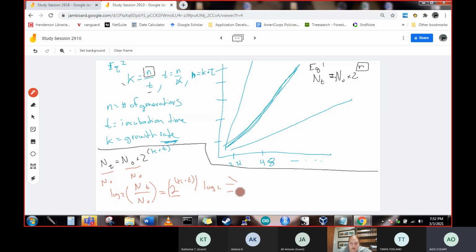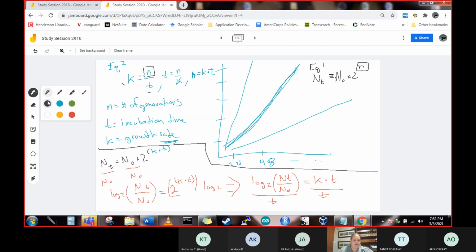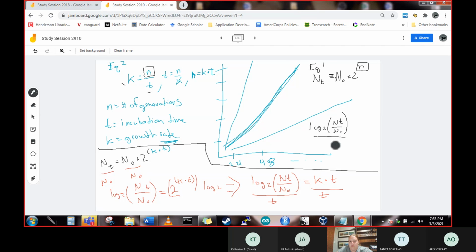So this would go to log base 2 of Nt over N0 is equal to k times t, because you've gotten rid of this exponential function. And then in order to solve for k, you would just divide both sides by t. And I'm running out of room here, but our final equation would look something like log base 2 of Nt over N0, over t, equals k.